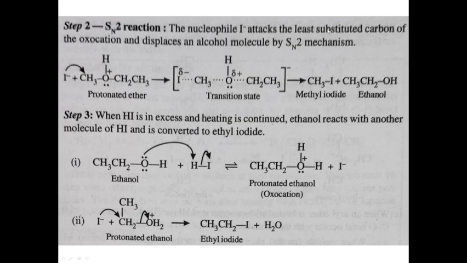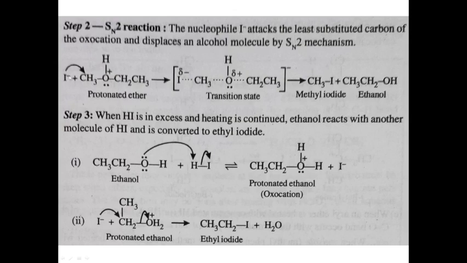Then it's not easy to attack the more substituted carbon. So the nucleophile I minus attacks the least substituted carbon of the oxocation and displaces an alcohol molecule by the SN2 mechanism. Here the mechanism is very clearly written.